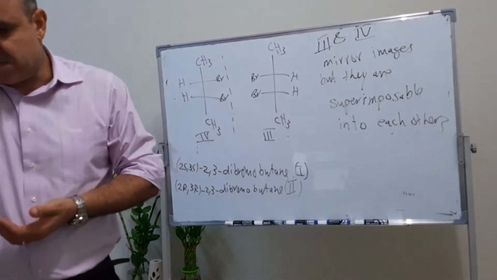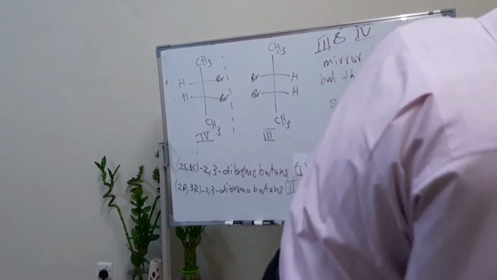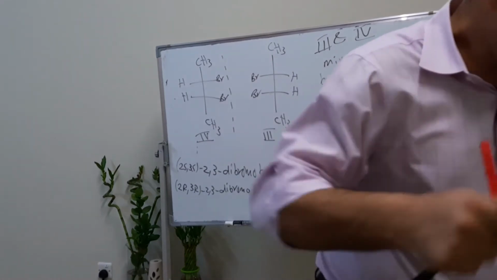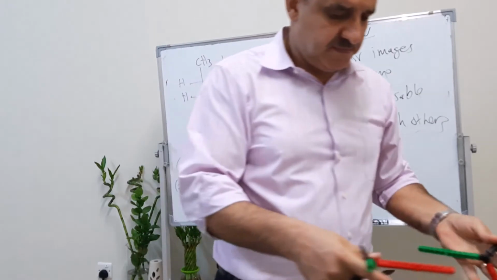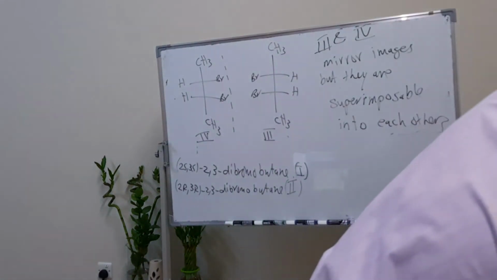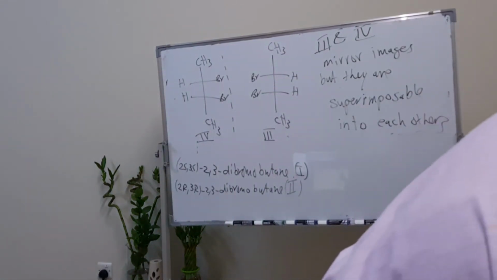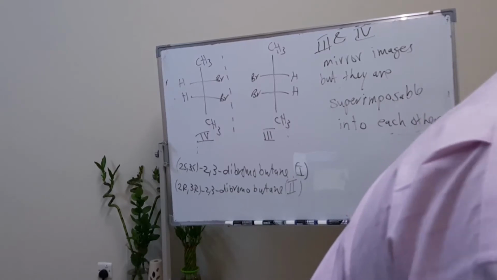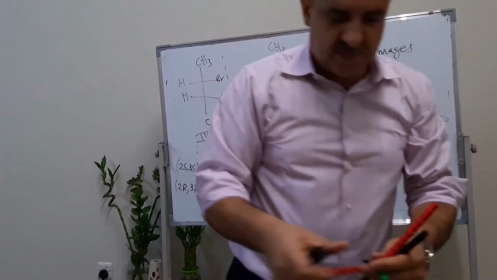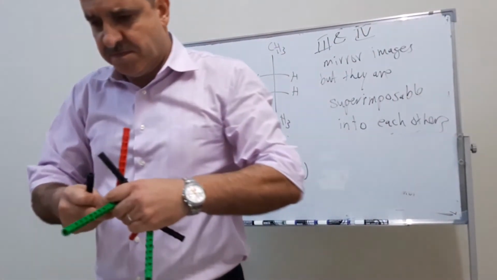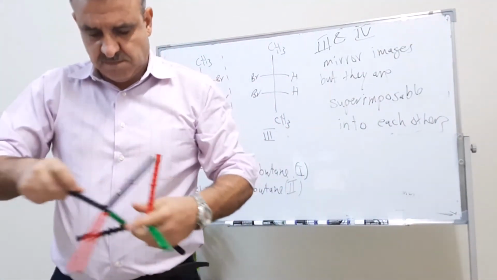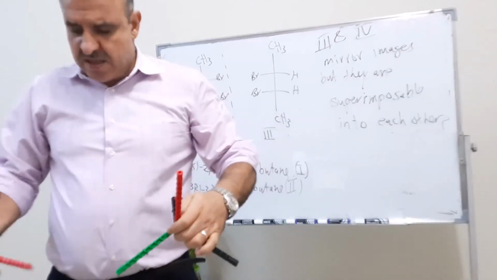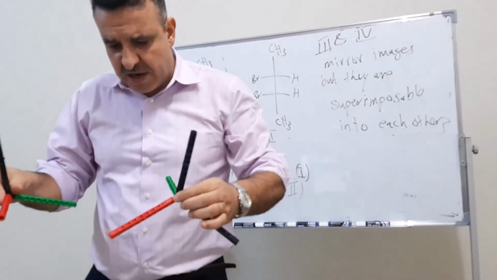Give me that one. For example, let me see this and that. For example, in here, you can see these are mirror images to each other.